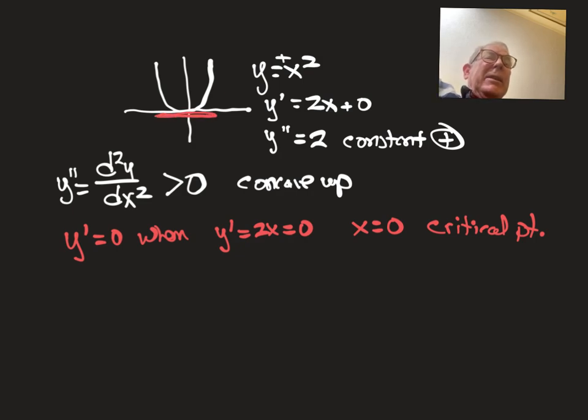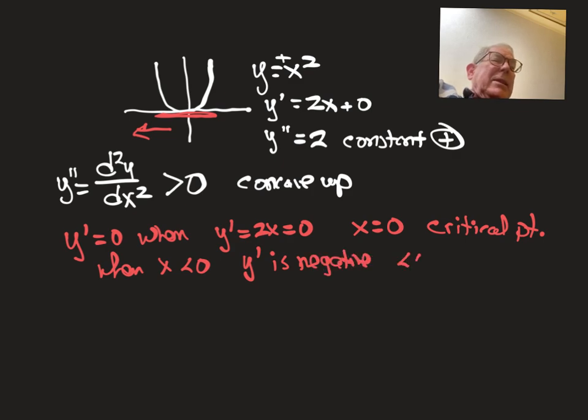And to the left of it, when x is less than 0, meaning this way, y prime is negative, meaning it's less than 0. Therefore, it is downsloping. The slope is negative. And there it is, right here. The slope is negative.